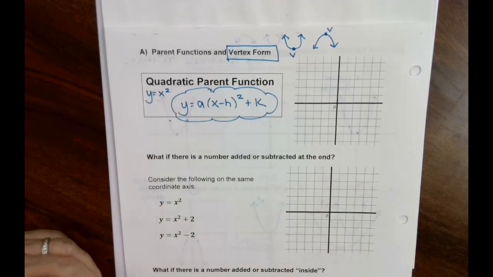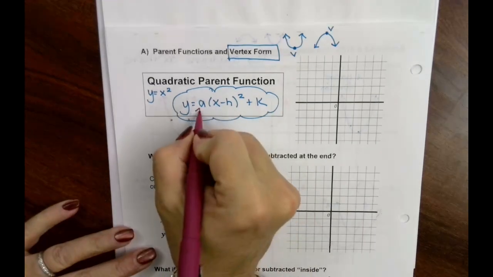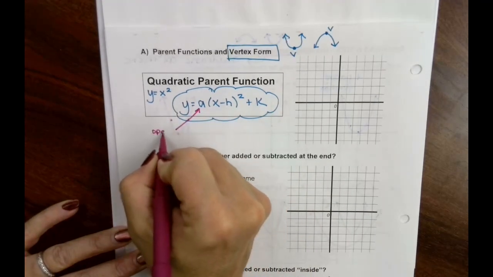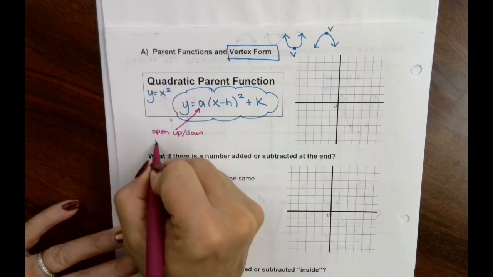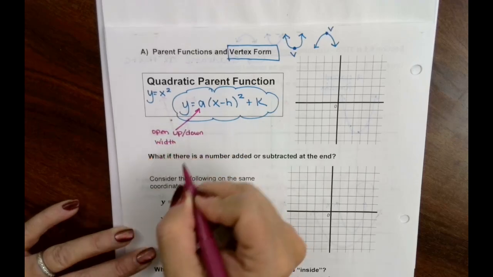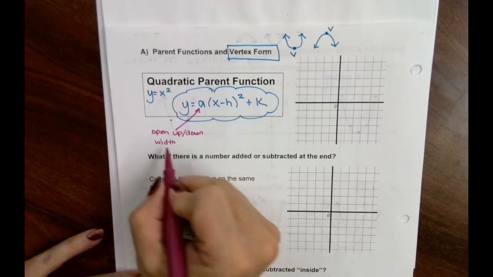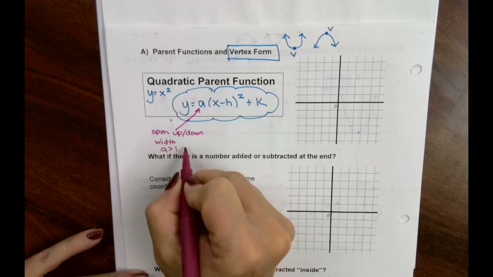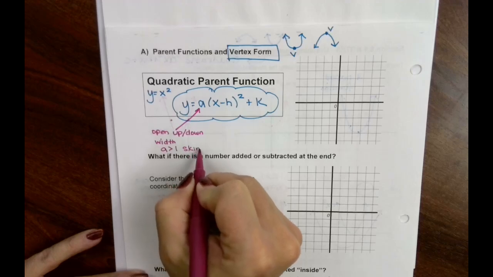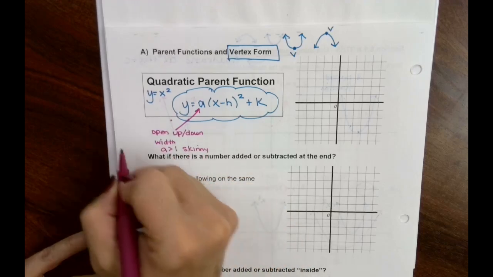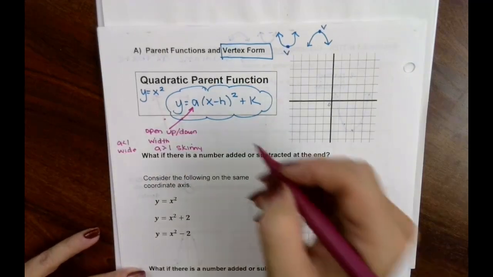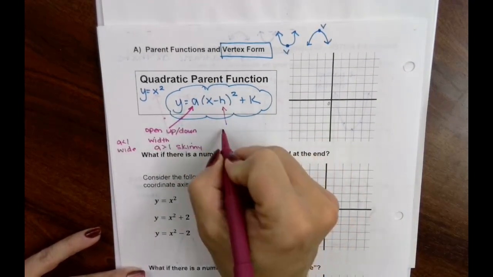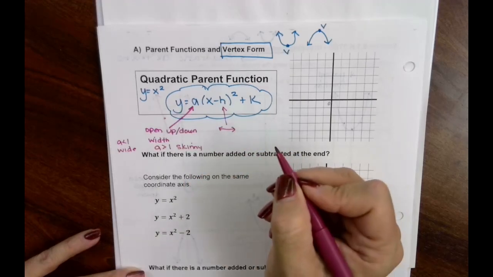I'm going to break it out a little bit so you know what all of these parts mean, okay? So this a value here tells us if we open up or down, and it tells us the width. Like a minute ago, we know that if a is greater than 1, then it's going to be skinny. And if a is less than 1, we know it's going to be wide. Okay? This h value tells us anything that happens on the horizontal.